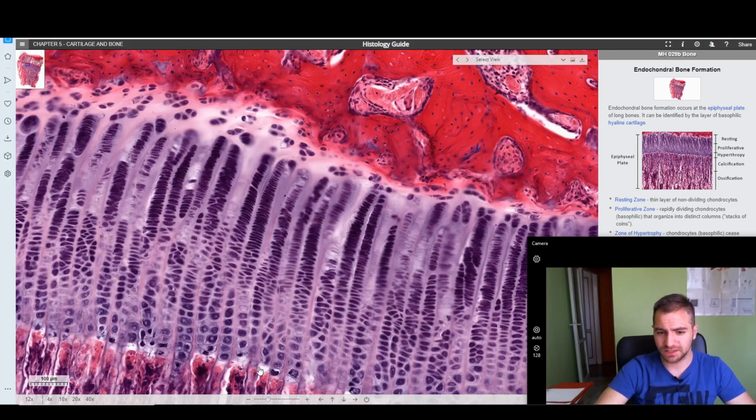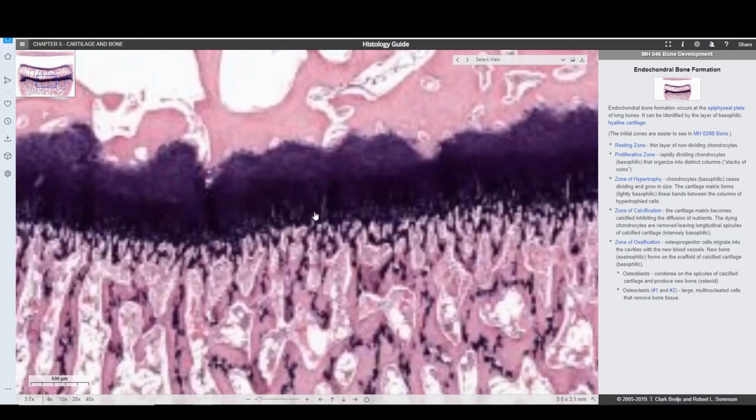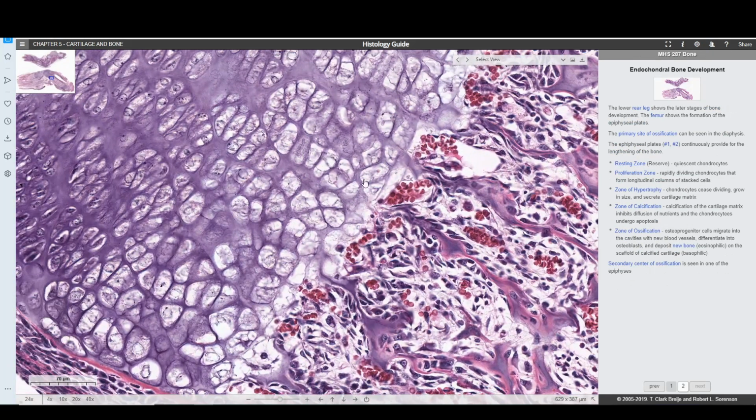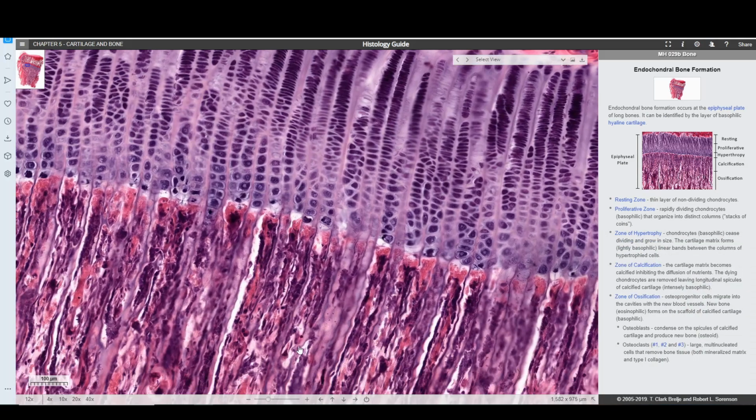Here maybe we can see the tiny space of the calcified cartilage. But the calcified cartilage is much more easily seen in this picture. Clearly we can see the calcified cartilage right here because we have the empty spaces and no nuclei present. But again, this picture can clearly demonstrate proliferation, the hypertrophy zone, and then lastly the line of erosion and the zone of ossification.